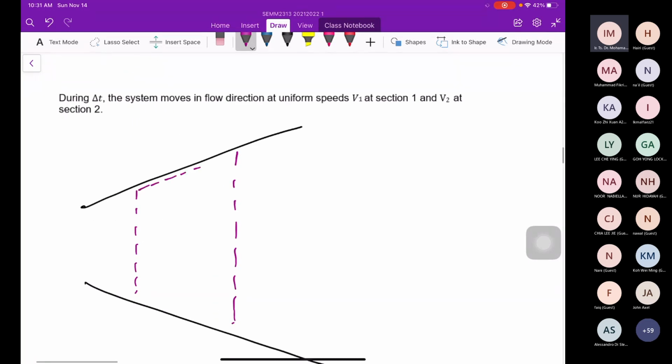This is at time t, initial. After the time passes by delta t, the change of time, maybe from 2 to 3, so they change in 1 second, the fluid system will move from here to the next position.